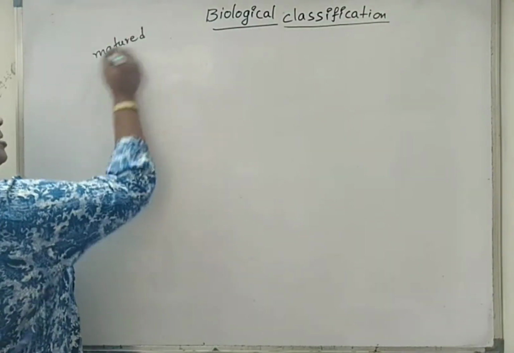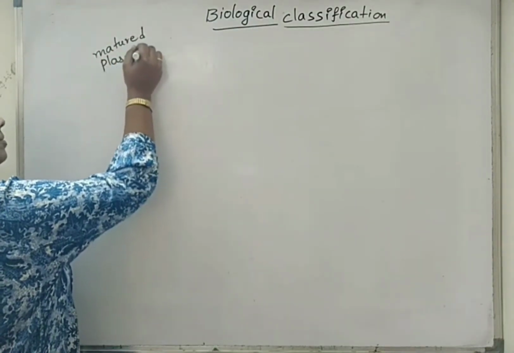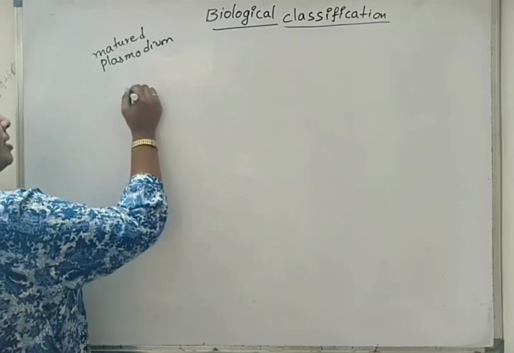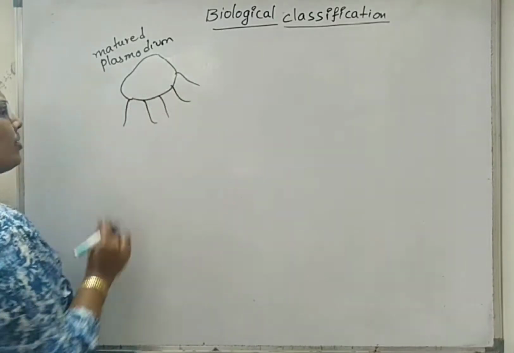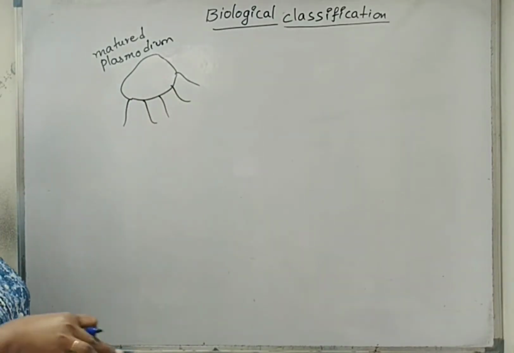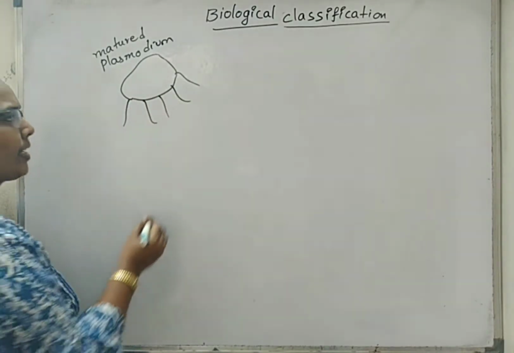So the matured plasmodium has roughly this structure, with root-like structures firmly fixed into the substratum.